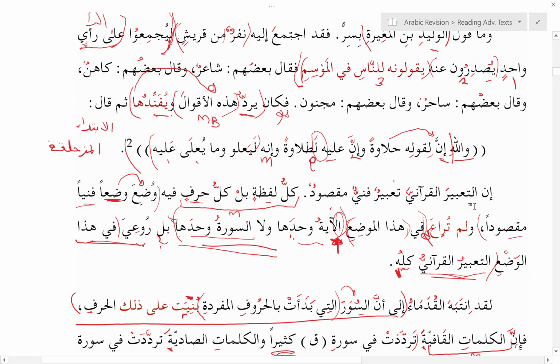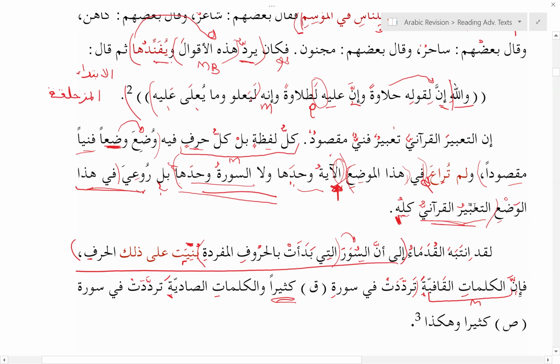So when he started in the Ta'bir al-Qur'ani, the expression of the Quran, how the Quran expresses itself, is so beautiful that every single word, rather every single letter, was placed in an artistic, beautiful way. So he basically started a new chapter. He stopped talking about the Quraysh and Walid and all that. Now he's trying to explain how artistic and beautiful it is, and how each letter has been placed in a beautiful artistic way. And so he goes on to say that the entire Quran was considered for this task.